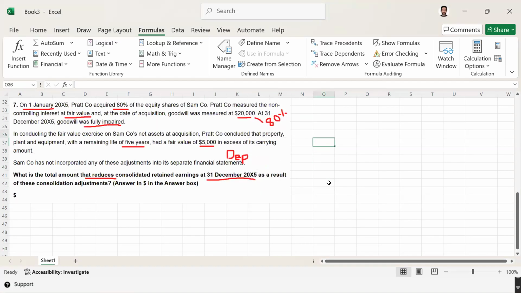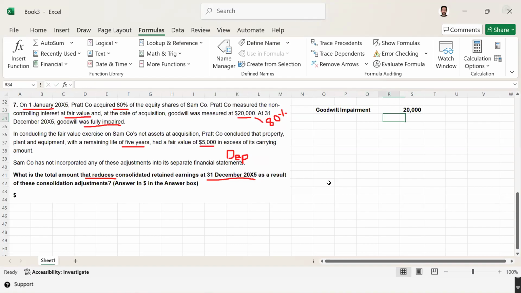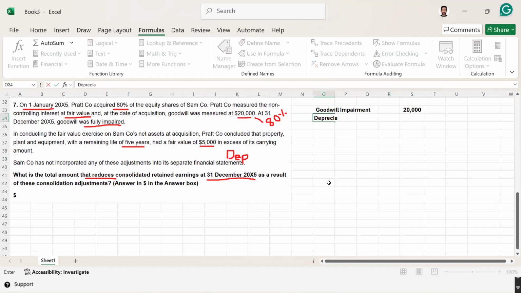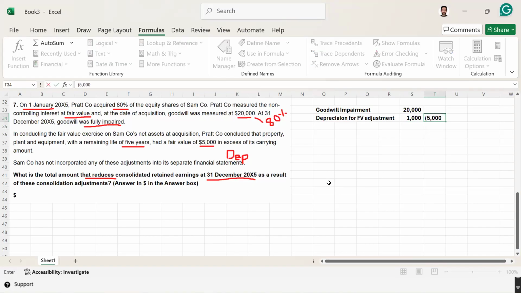We have this goodwill impairment, which is 20,000. The depreciation for the fair value adjustment is going to be 1,000. That is the fair value adjustment of 5,000 divided by 5 years.